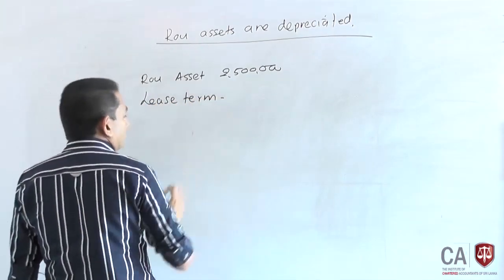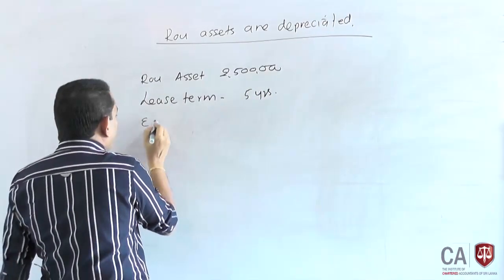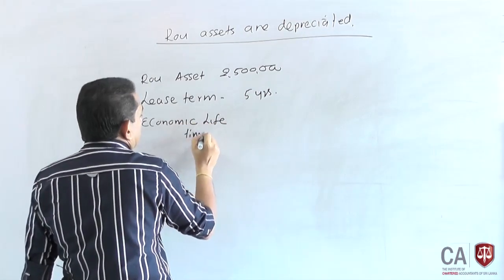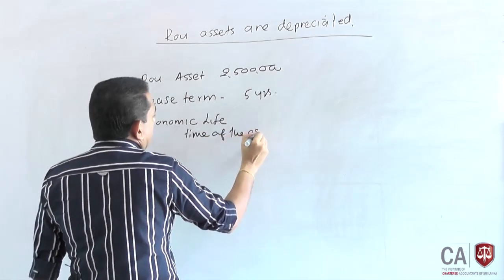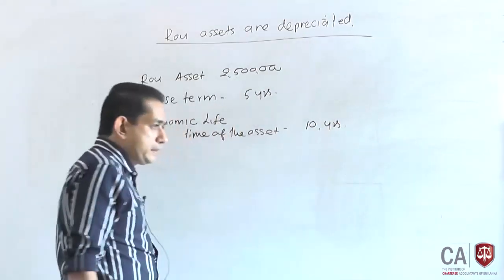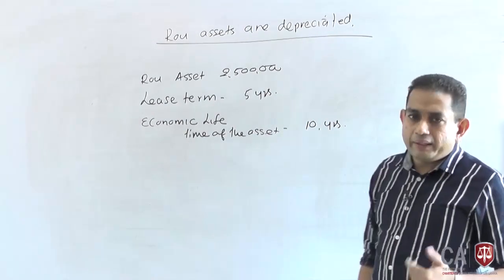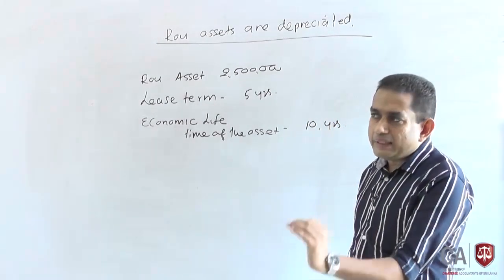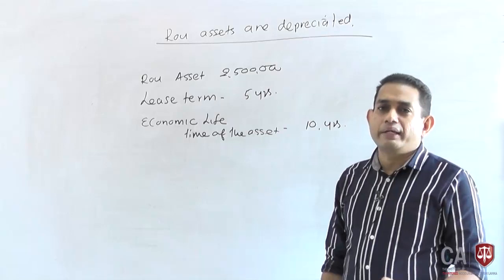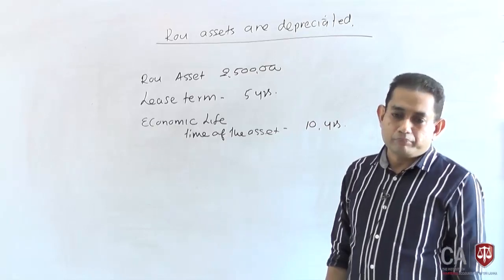Lease term, 5 years. Economic lifetime of the asset, 10 years. Right. Now, the lease agreement provides a purchase option to the lessee, and the lessee is very much likely to exercise the purchase option at the end of the lease term.